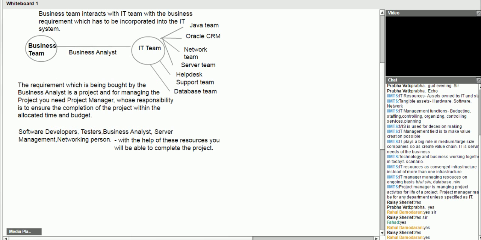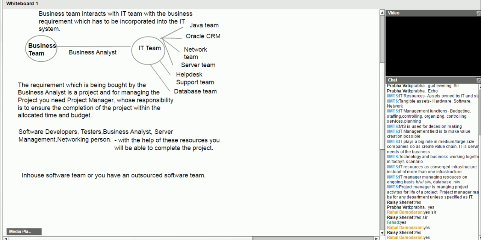There are two ways: either you have an in-house software team, or you have an outsourced software team. Either you have an in-house software team which is working on your company's payroll, or you have an outsourced software team that is not directly working on your company's payroll, but has been outsourced to some third party vendor.